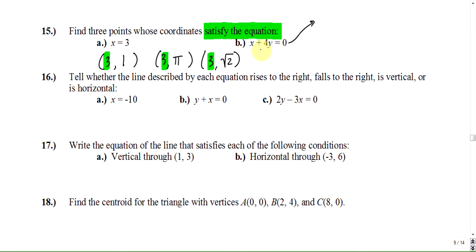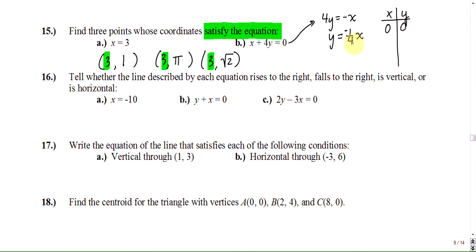For part B, they want me to find ordered pairs, and this is a more traditional line, although they're both lines. And on a problem like this, I actually like to spend the time to get it into y equals mx plus b form, because essentially what I'm doing is picking values and making a table, because they want me to find 3 points that lie on this line. So I might pick 0, and when I plug that in and number crunch it, I get 0.